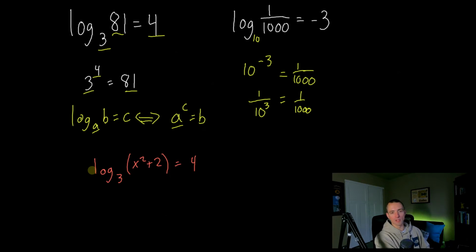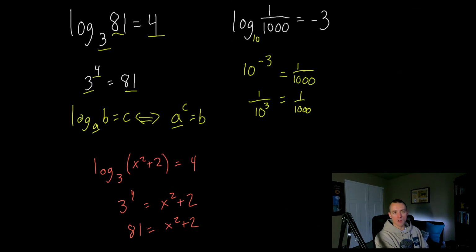If you're ever taking the log of something with the variable you're trying to solve for, you can use this conversion to take the base of your log and make it the base of your exponent. So that'll give us 3 to the 4th power equals x squared plus 2. And then again, this gives you 81 equals x squared plus 2.